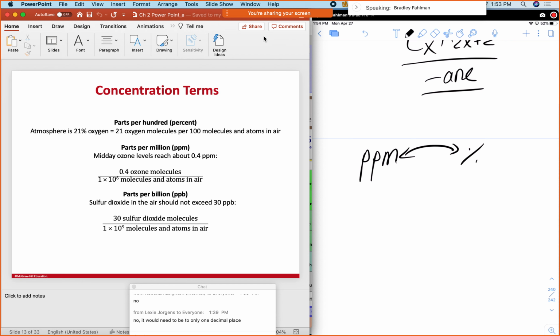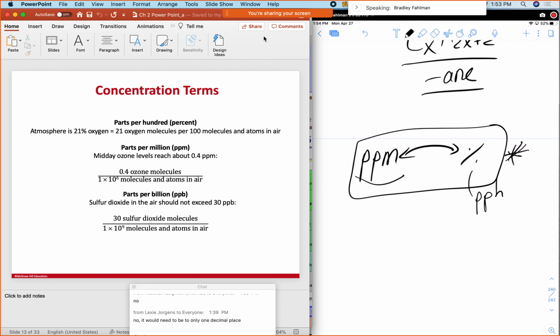I probably won't do much with ppb, so the question on the exam would be really related to this: ppm to percent. This is really parts per 100, this is parts per million, so you've got that factor of 10,000 in here.